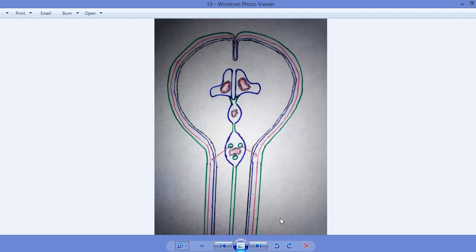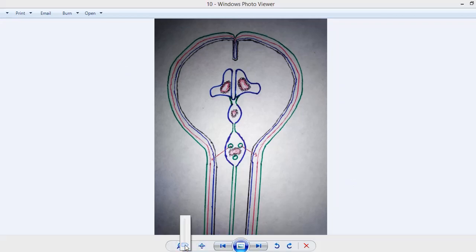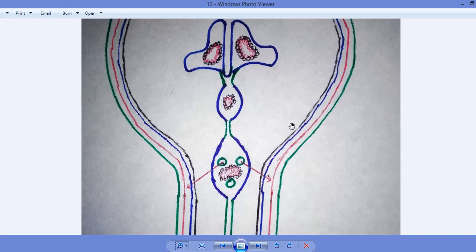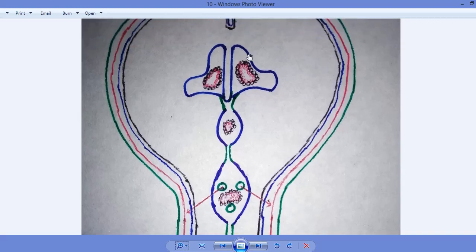Now in this diagram, we can see where the cerebrospinal fluid formation occurs. It occurs in these clusters of capillaries, bunches of capillaries.